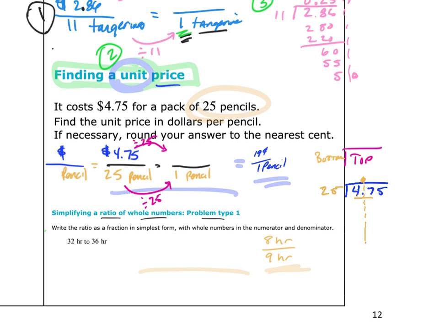So we're going to put the 1 over here. And 1 times 25 is 25. Then we subtract the 25 from the 47. We're really saying $4.75 minus $2.50. That's going to give us $2.25.